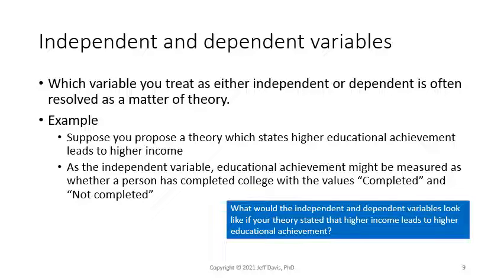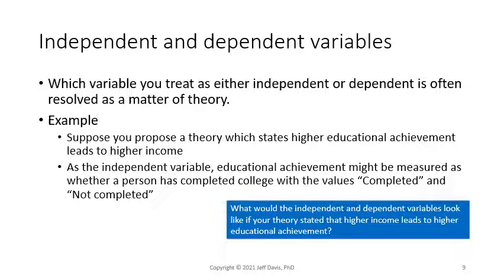I would say that educational attainment might be dichotomized, so we'll take educational attainment and convert it to two values: they've completed college or they have not completed college. Then we compare the incomes of people who completed college versus those who haven't. According to my theory, the people who've completed college should have higher incomes.